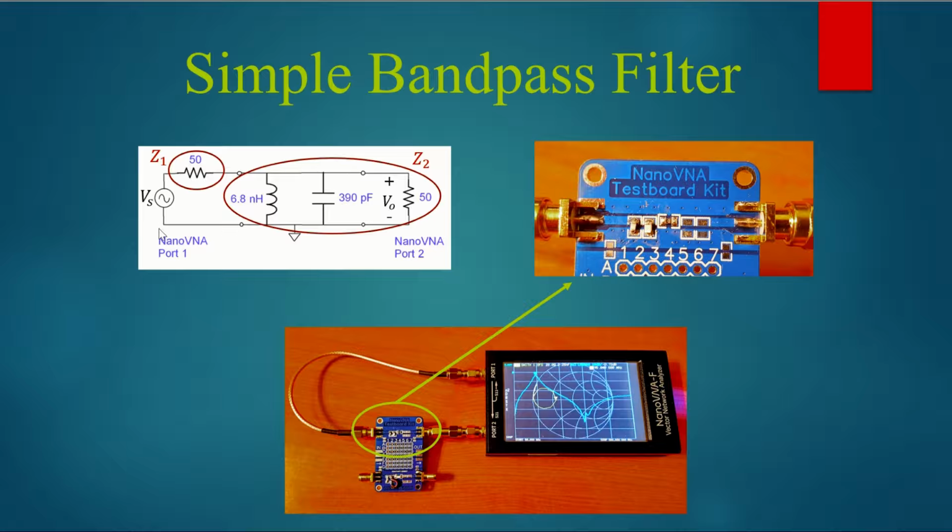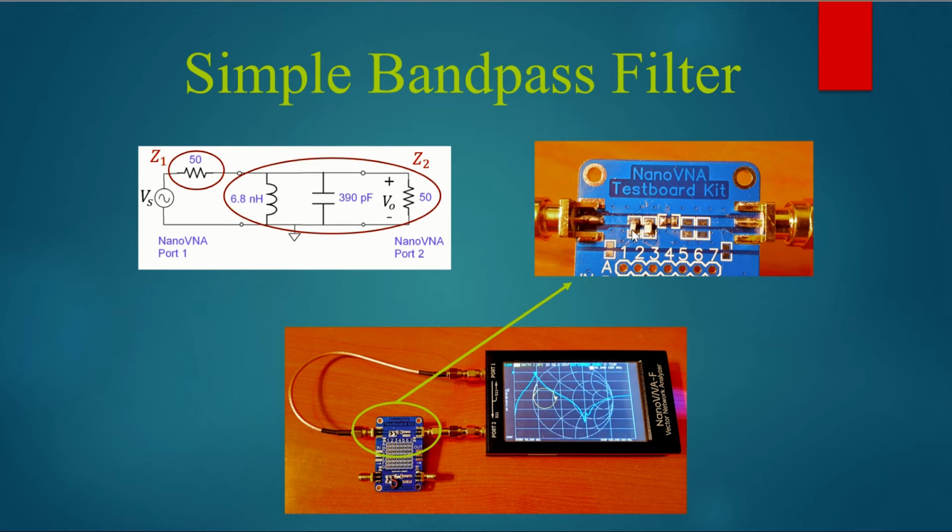It's actually part of the internal circuitry in something like this network analyzer, or in general it could be from an antenna. Antennas have a series impedance as well. So that's Z1. Z2 is over here. It's actually a set of components in this example. A resistor, the input impedance of the network analyzer port 2, but in parallel with an inductor and a capacitor in this particular sample bandpass filter.